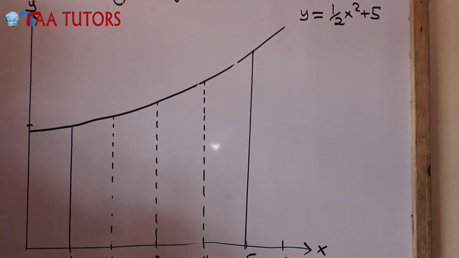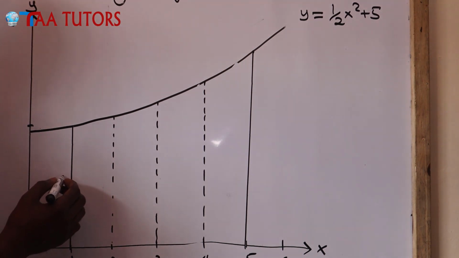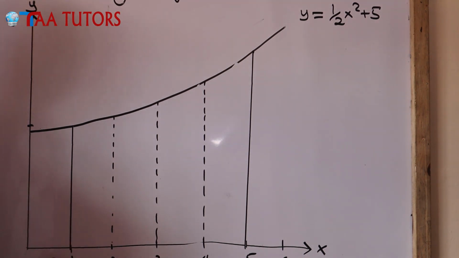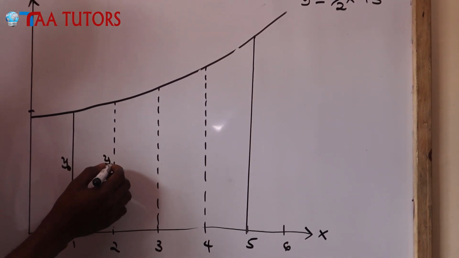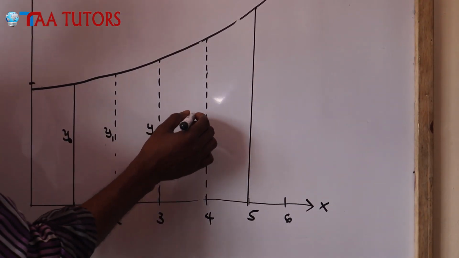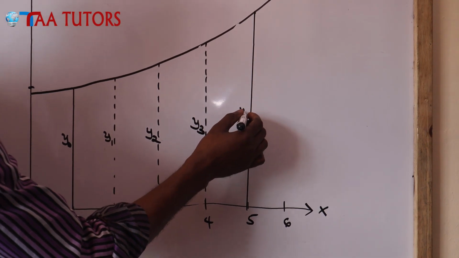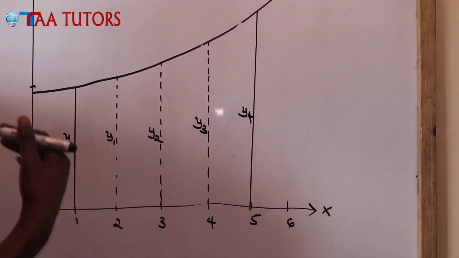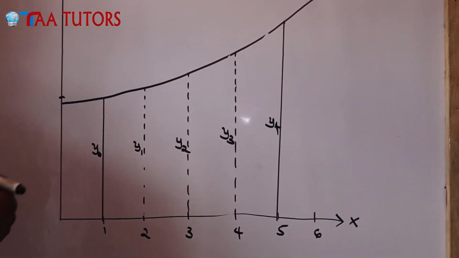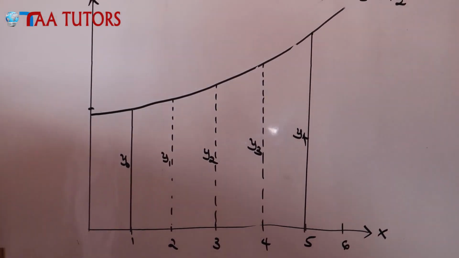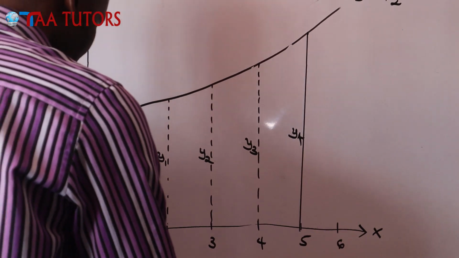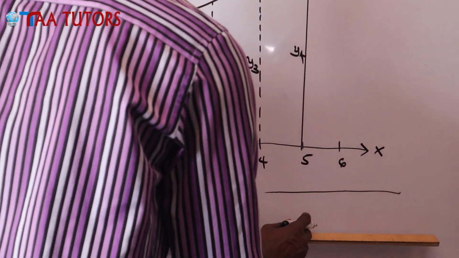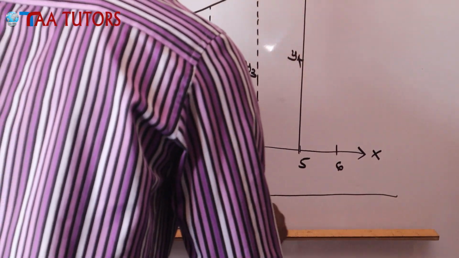Now, mostly I like using a table because I know I'm going to have these y's. The first y is not here because we are dealing with x equals 1. So the y0 is here. This is y1. This is y2. This is y3. This is y4. Remember, we are using 4 trapezia. So the first thing I want to do is to draw a table. From this table, we are going to fill in these values of y.